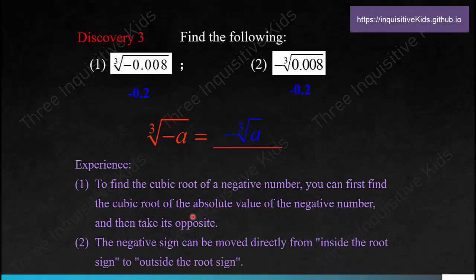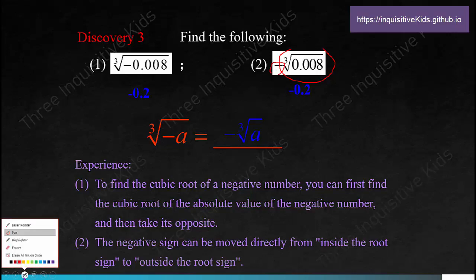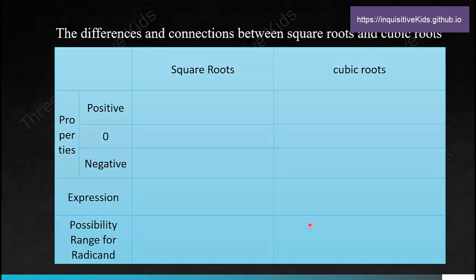To find the cubic root of a negative number, you can first find the cubic root of the absolute value of the negative number and then take its opposite. So first find the answer of this part and then add the negative sign. The negative sign can be moved directly from inside the radical to outside the radical.